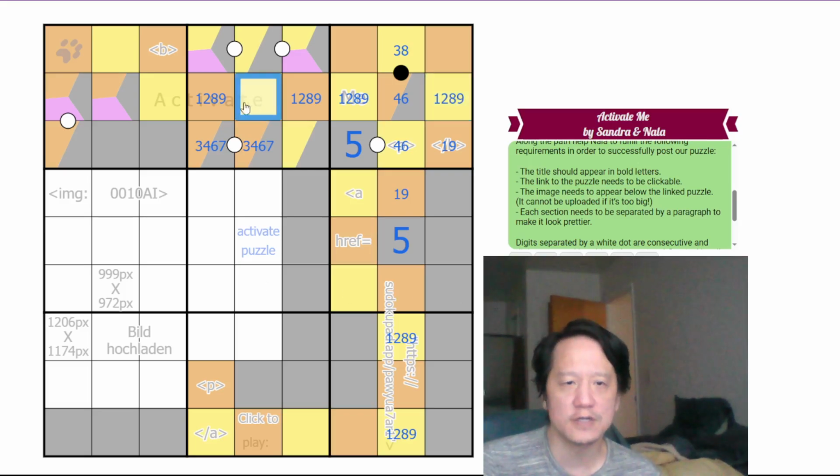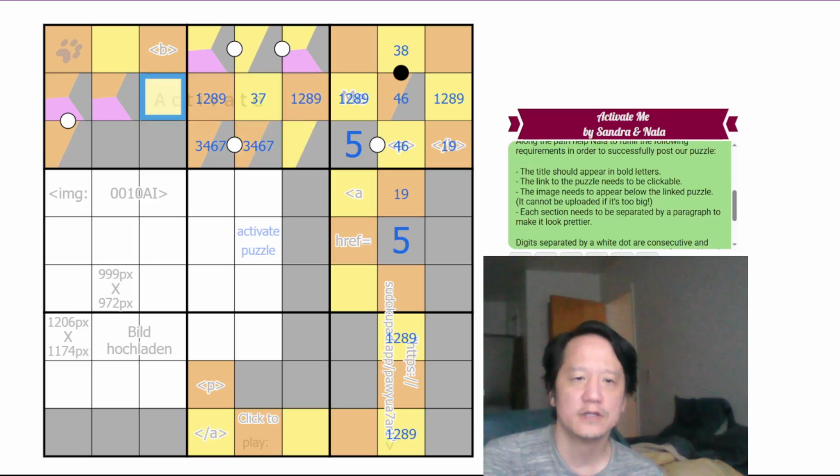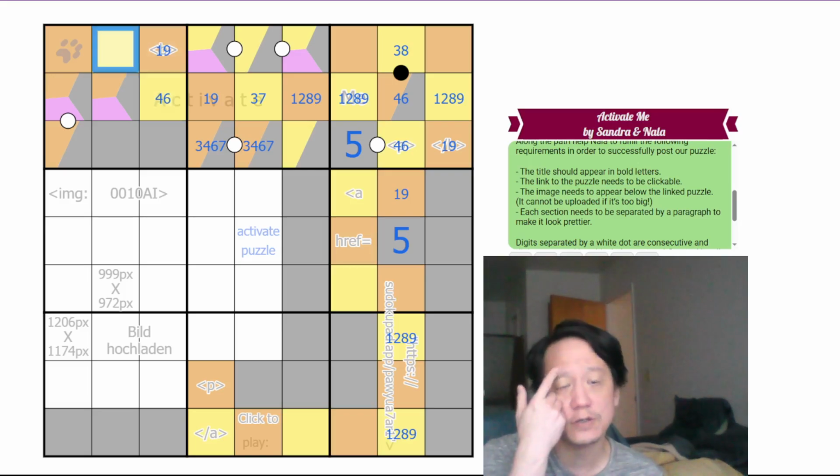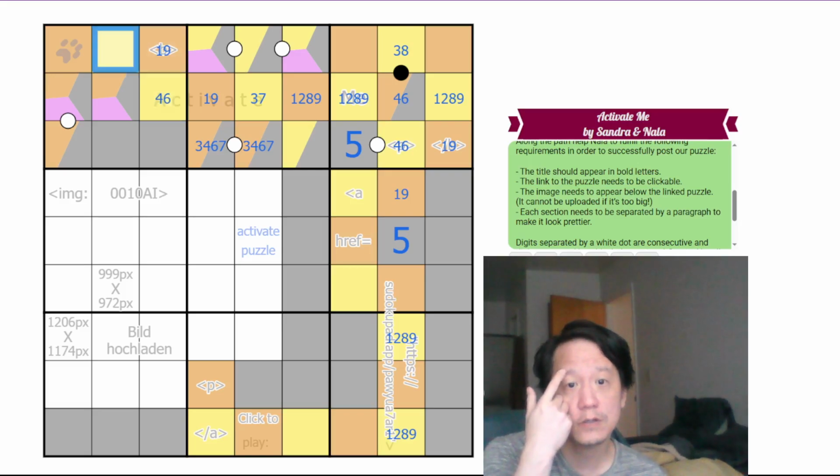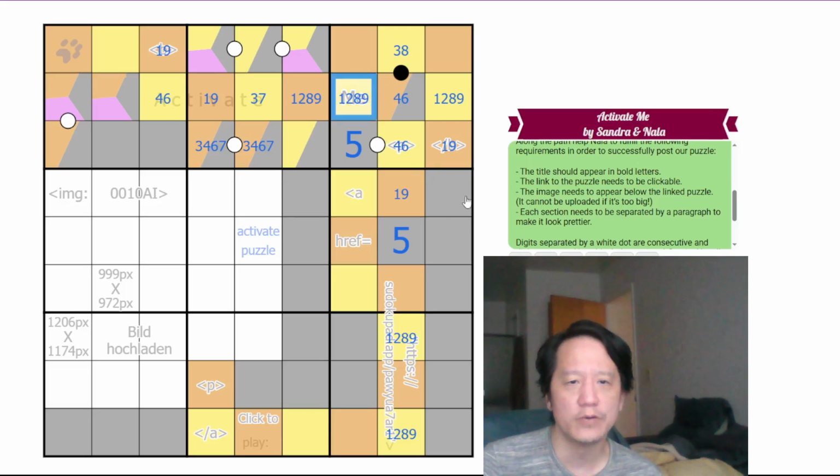That leaves this as between 2 unique digits on the Whisper 5 line, so it has to be 3 or 7. That leaves this as 4 and 6, and the yellow 4 and 6 must be next to the orange 1, 9s. So these are orange 1, 9 here. This cannot be... Oh, wait, that's not correct.